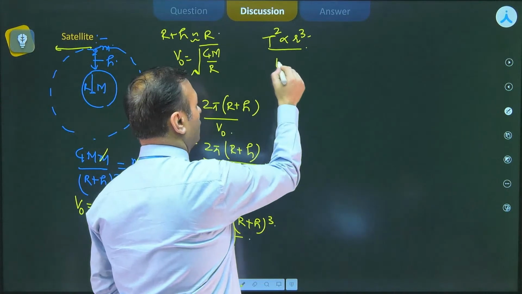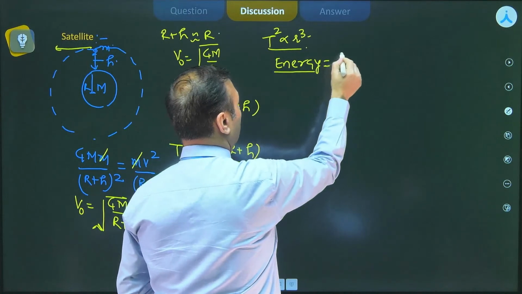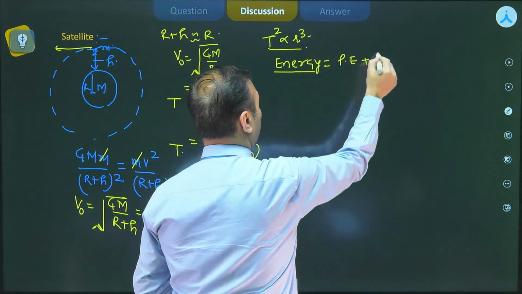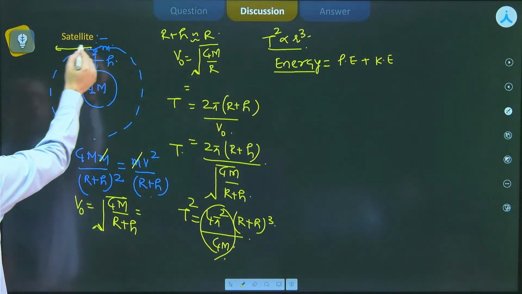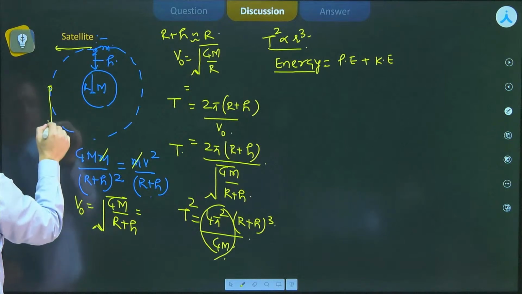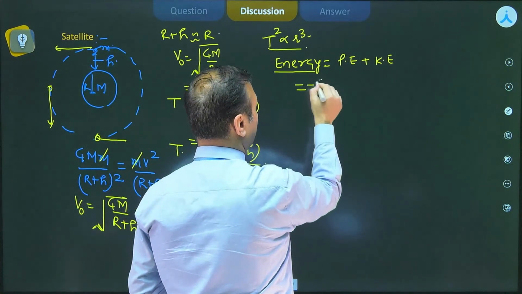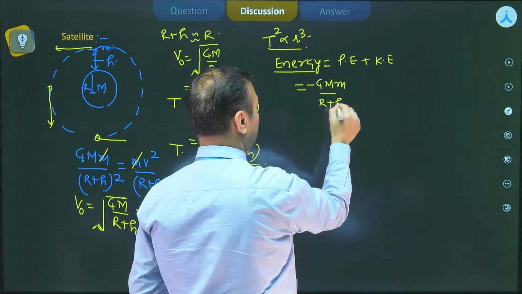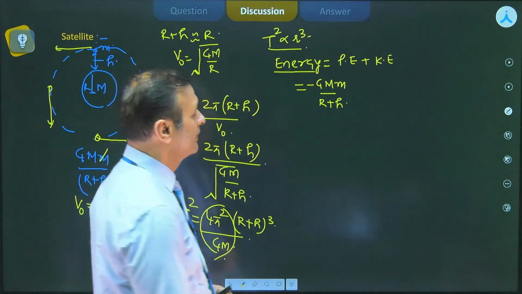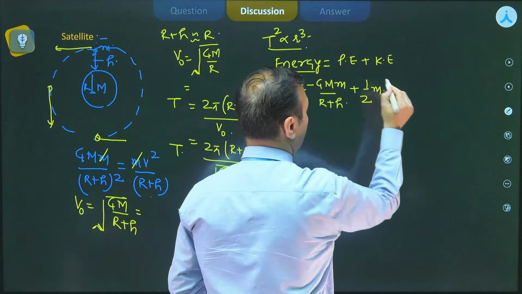Now if I calculate the energy of the satellite, it is potential energy plus kinetic energy, because this is orbiting, so definitely it has some kinetic energy also. Potential energy of the satellite is minus GMm by (r plus h). So this is again the orbital radius. Kinetic energy always remains positive, half m v orbital square.